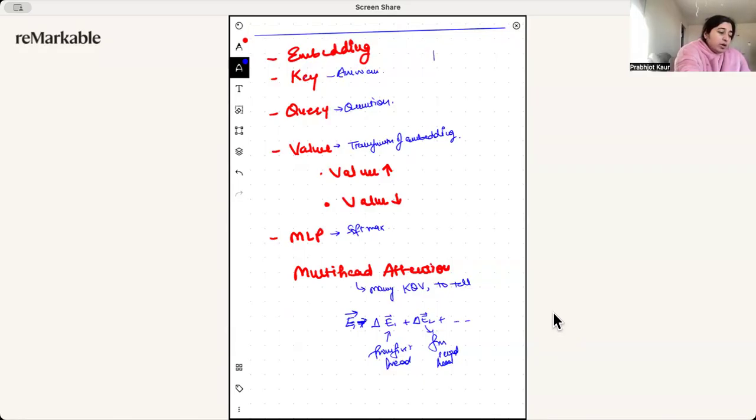So, for example, if I have word one, word two, word three, and so on, and here again I have word one, word two, word three of a sentence, and this is my key and this is my query, then I will have a dot product here for W1 and W1, W1 and W2, and so on.